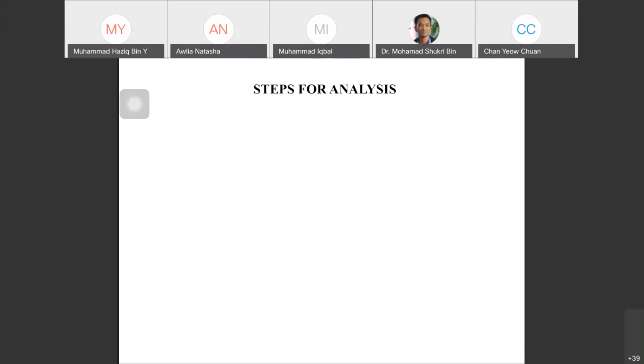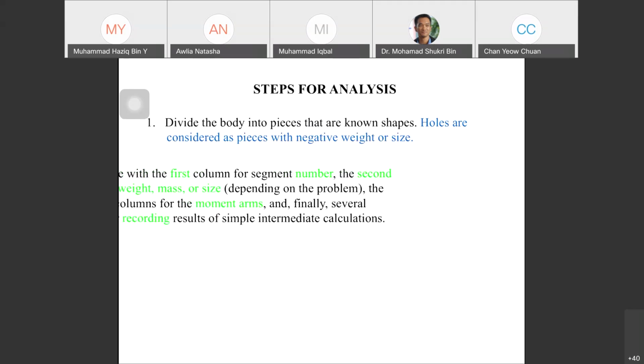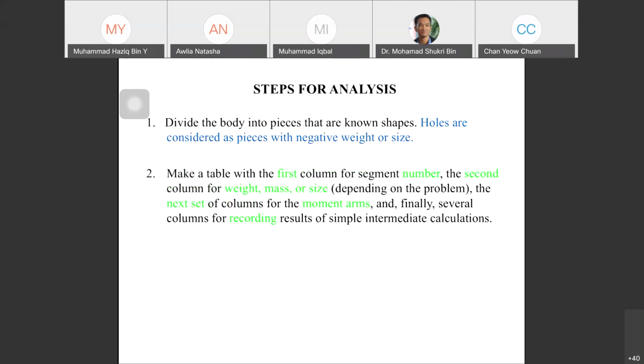The steps: first, divide the body into pieces that are known shapes. Holes are considered as pieces with negative weight or size. Number 2, make a table. The first column is the number, the second column is for weight, mass or size, depending on the problem. The next set of columns are moment arms, and finally a column for recording results of simple intermediate calculations.